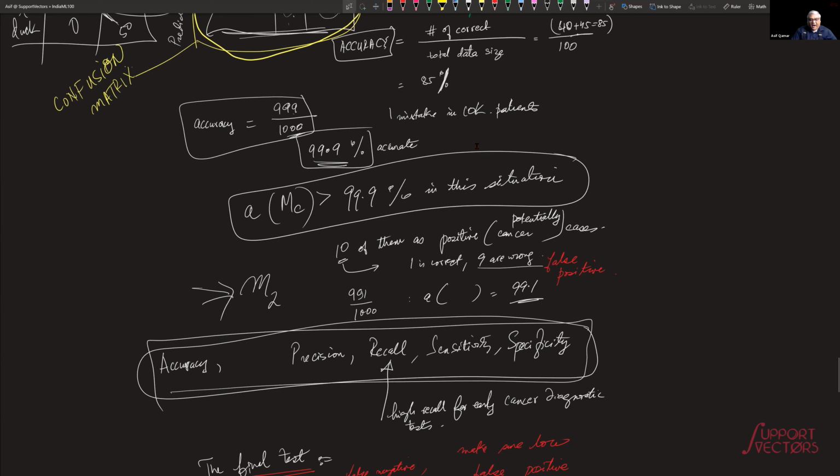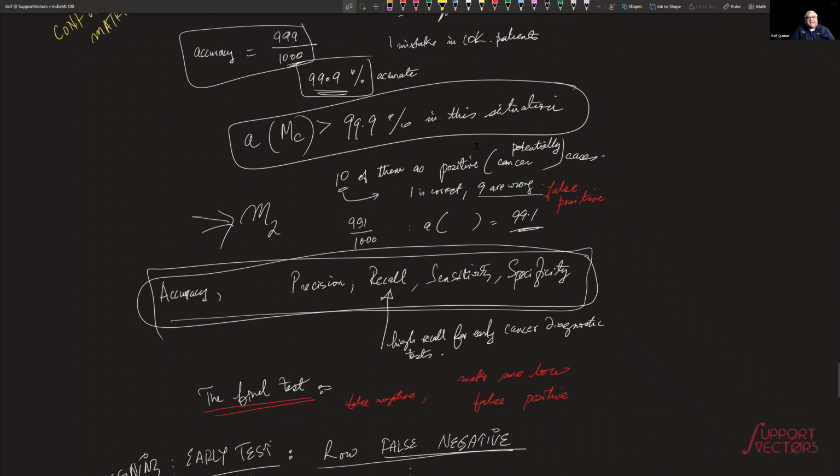Now, while accuracy is a rough measure, it shouldn't be the only measure. If the data is highly skewed, accuracy is actually meaningless. What you really care about is a rare disease, let's say cancer. Suppose you want to do early detection of breast cancer. Even if you have the slightest hint that things are wrong, you should be sent for further testing.